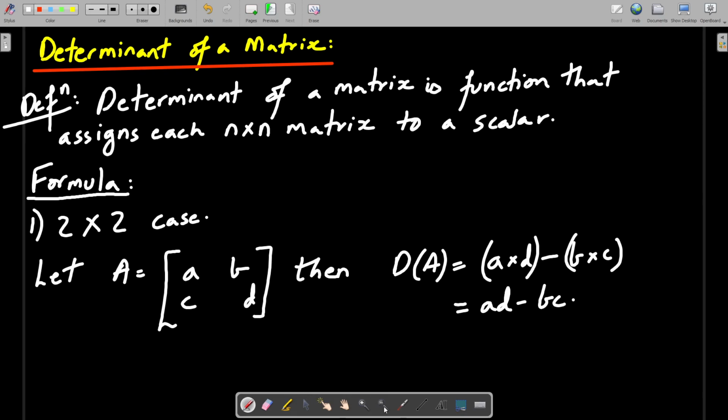Just to give you an understanding of what I have done here, I have multiplied this element with this and then this element, and I have subtracted this. So first you multiply the diagonal element and then you subtract the anti-diagonal element. So that's about the 2 by 2 case.